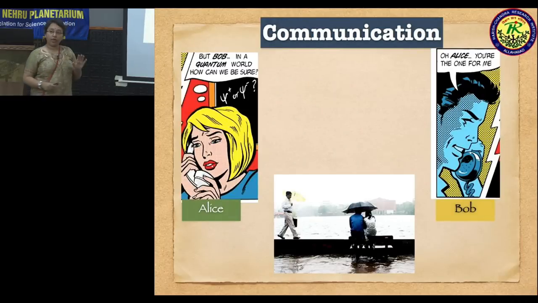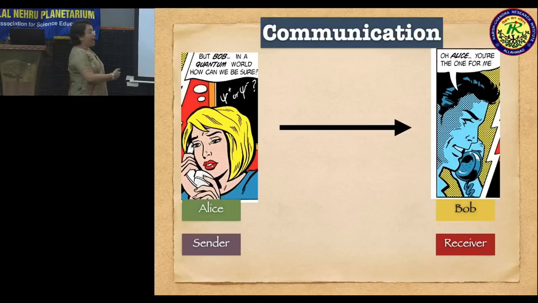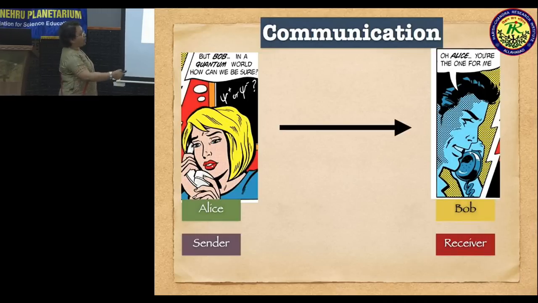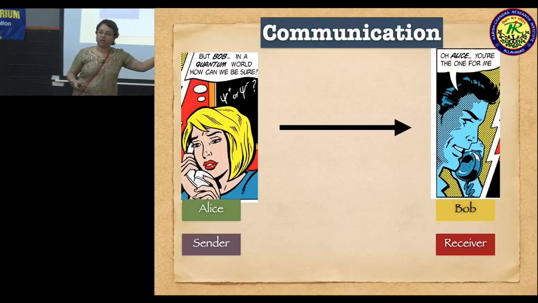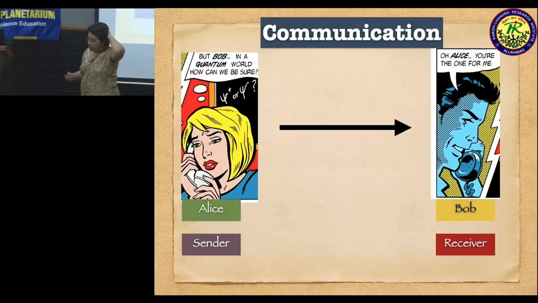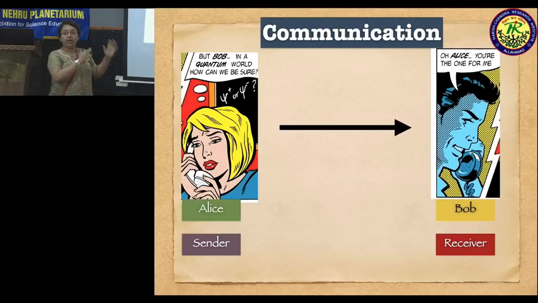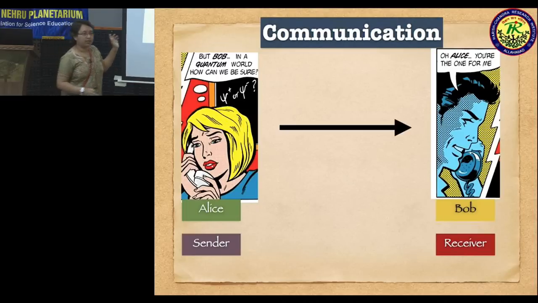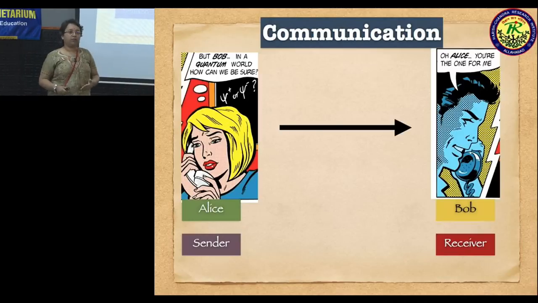And they are not together. Typically, Alice is the sender and Bob is the receiver. These names could be Indian names, but I use these because they come from classical cryptography. This is what is typically used, and somehow in quantum information science they are also adopted.